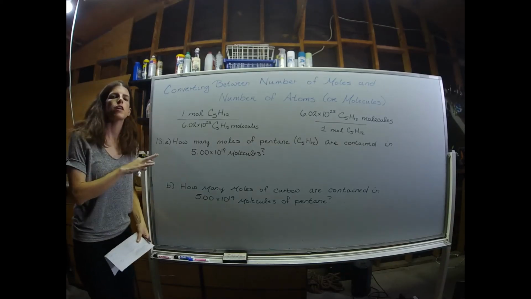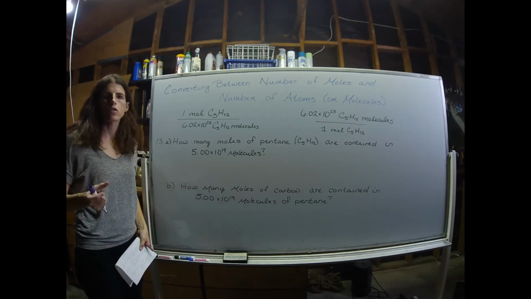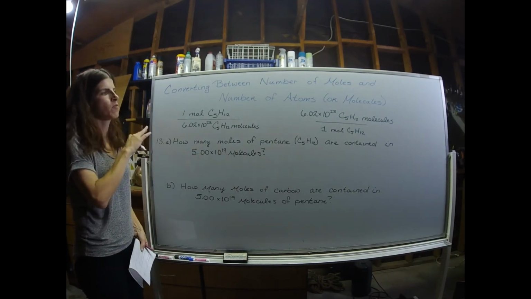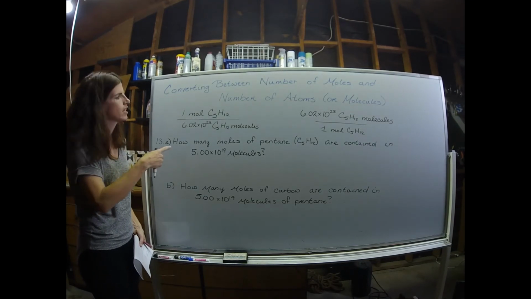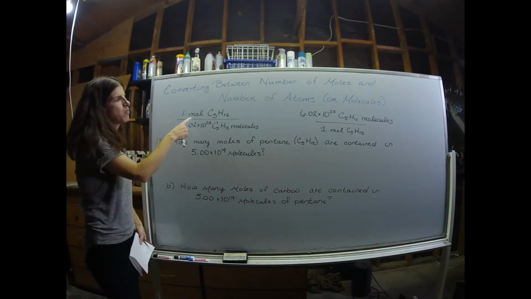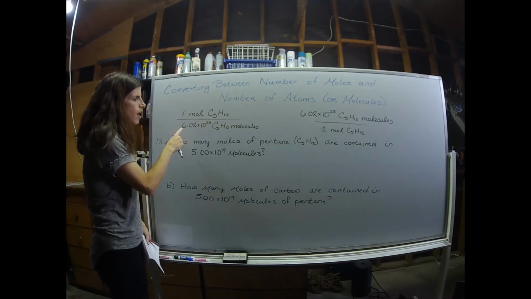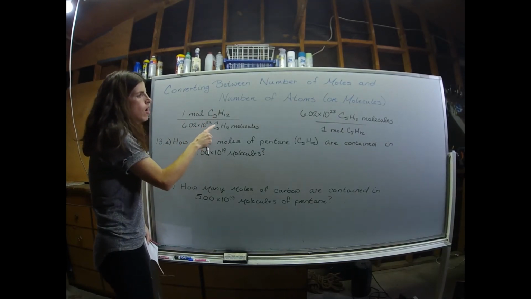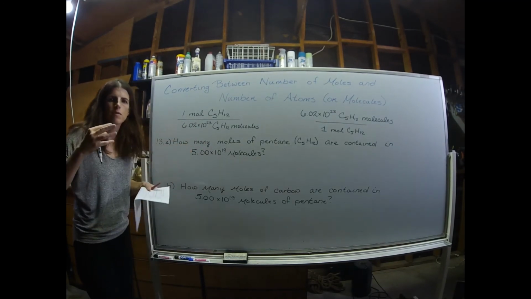Just like we created conversion factors between individual atoms and Avogadro's number, we can do the same with molecules. So here we have a molecule called pentane, and we can say 1 mole of pentane, C5H12, has Avogadro's number of molecules of pentane. And we're counting them as whole units.